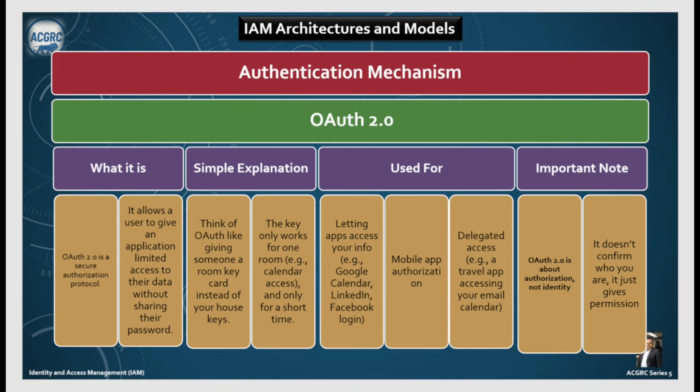The key only works for one room, for example calendar access, and only for a short time. It's used for letting apps access your info, for example Google Calendar, LinkedIn, Facebook login, etc. It's also used for mobile app authorization. It's used for delegating access, like a travel app accessing your email calendar. That's OAuth.